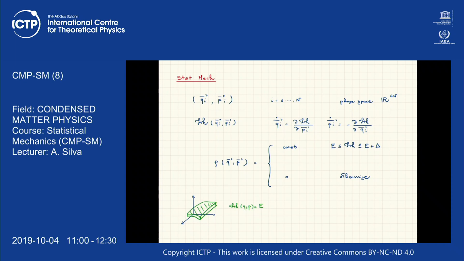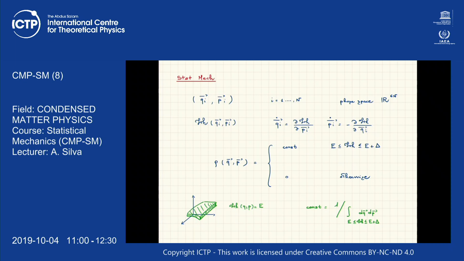So let's give it a thickness that is arbitrarily small. And this way we can just normalize this probability distribution by saying this constant is nothing but 1 divided by the volume of this shell, which is equal to the integral of dq, the integral in phase space, restricted to the area in which H is larger than E and smaller than E plus delta.